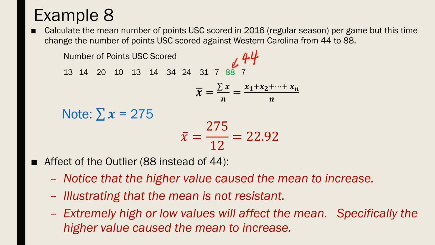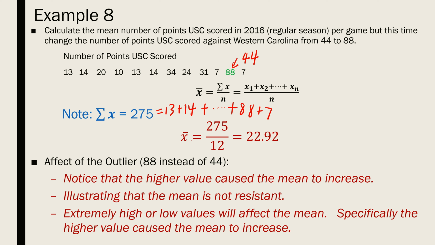The sample mean is still calculated as sigma x divided by n. Sigma x is 275. It is calculated as 13 plus 14 plus everything else plus 88 plus 7. You can verify this calculation by yourself. N here is still the number of data, or number of observations.